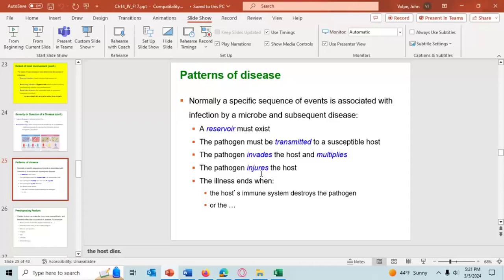In fact, the virus will always be in those patients, but with modern medication, you can keep the patient alive. So the patient is always potentially sick, but they usually get better, and then they can get worse and get better. And I guess that would be a third case too. So the illness ends when the host immune system destroys the pathogen, which happens with the colds and the flus, or when the disease kills the patient, or like I said, I guess you can have the disease continuing to exist in the patient.